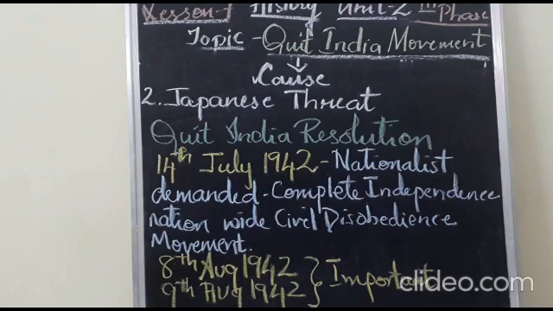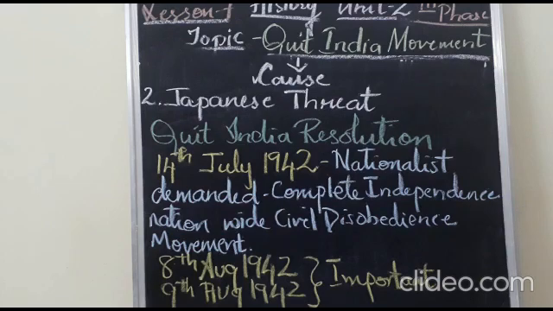Now let's see what was the resolution made during 1942 when the Quit India resolution was passed. So on 14th July 1942, the nationalist leaders passed a resolution demanding complete independence from the British and embarked on a nationwide massive civil disobedience movement called the Quit India movement.